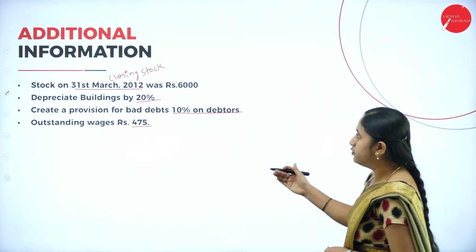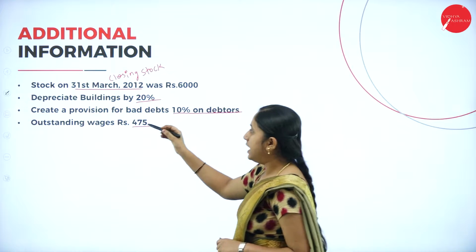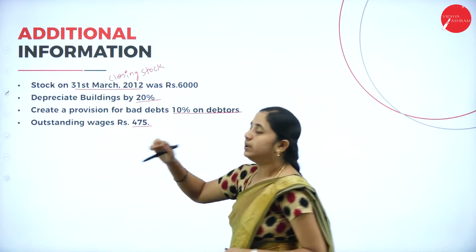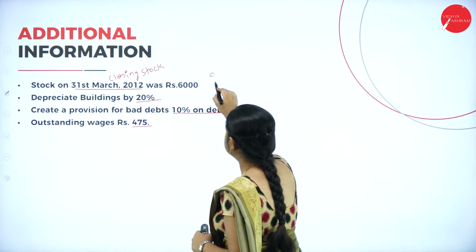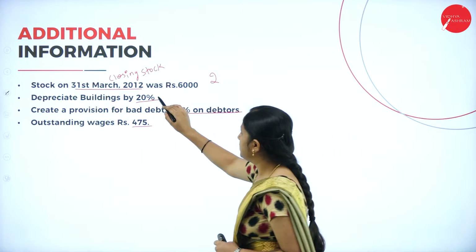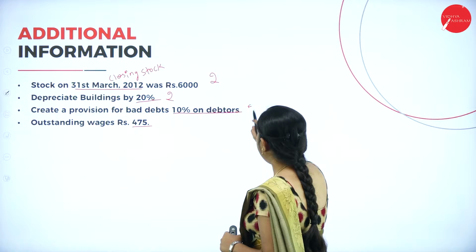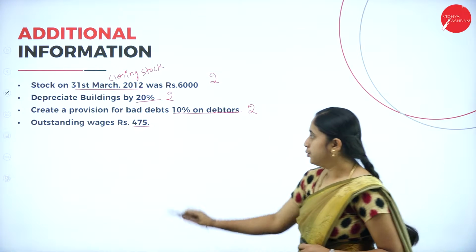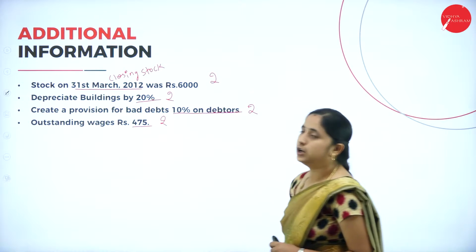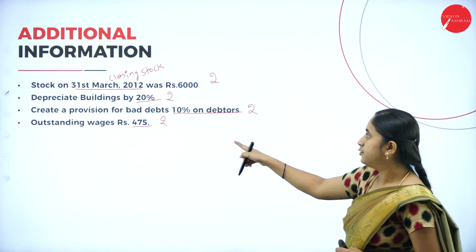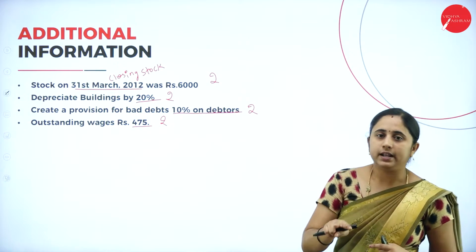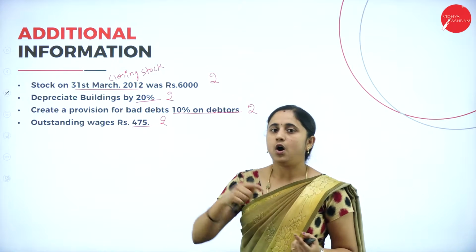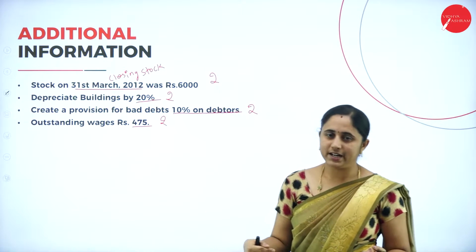But the additional information or adjustment items, these four items you will consider twice. That means closing stock you will consider twice. Again depreciation two times, provision for bad debts two times, outstanding wages two times. All the additional information items you need to treat twice in the final accounts, that's trading account or profit and loss account or in balance sheet.